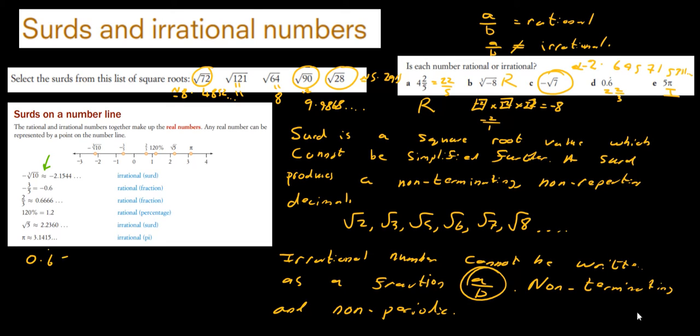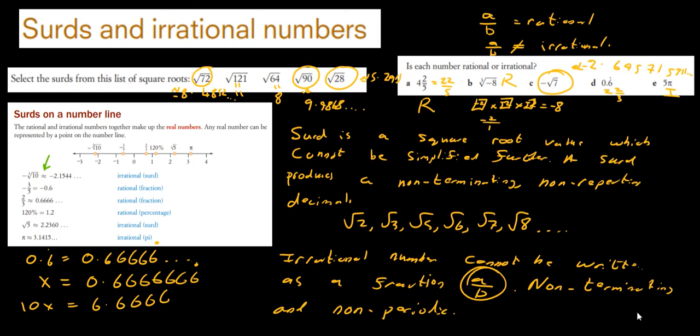Now I just want to go over 0.6 recurring is the same as 0.66666 goes on forever. Now we can write that as a fraction by letting x equal 0.666666 recurring. 10x then would be 6.666666 goes on forever.